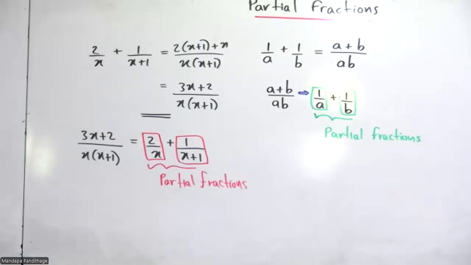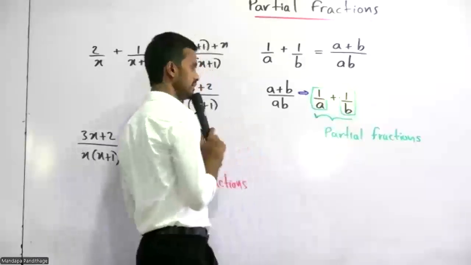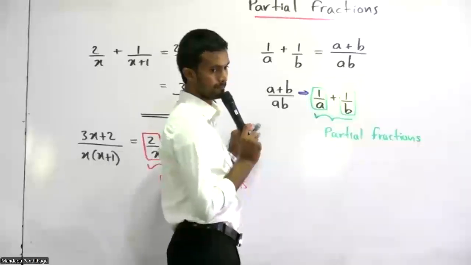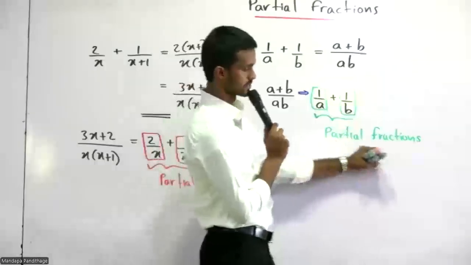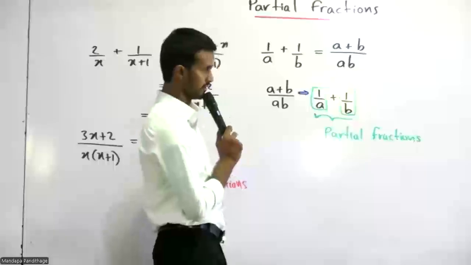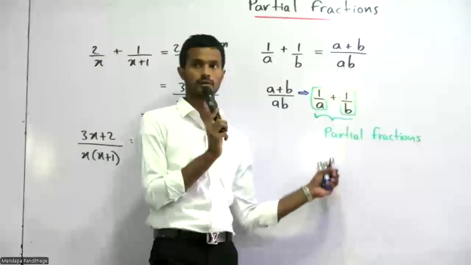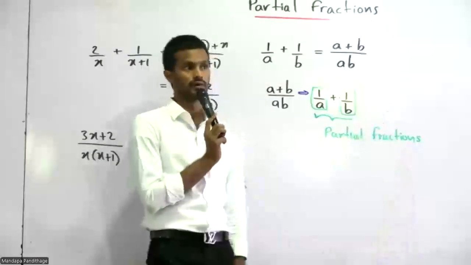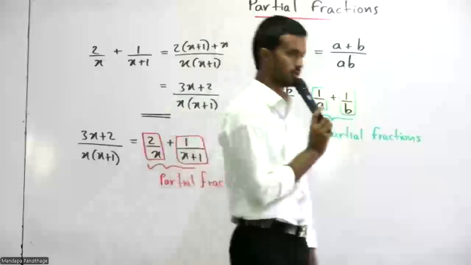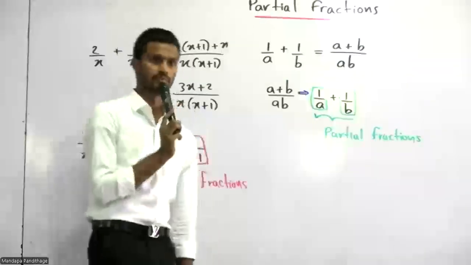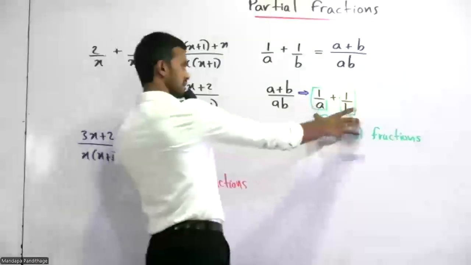Which means 1 over a and 1 over b are, write in a red pen, partial fractions. Only that word, write in a red pen. 1 over a and 1 over b are partial fractions of the above expression. So then you can just mark them as partial fractions.